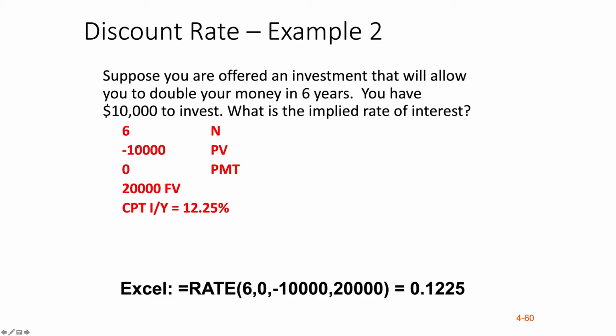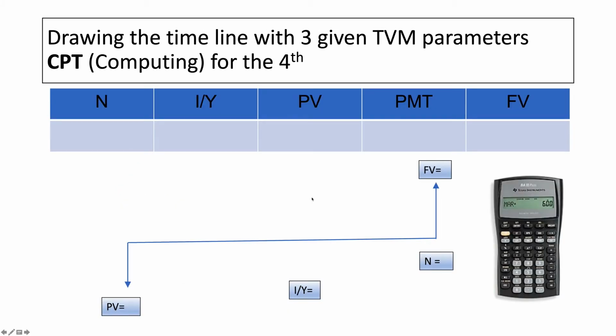Since it's a double payoff, it's $20,000 future value. What's left is I. Solving for I gives you 12.25.